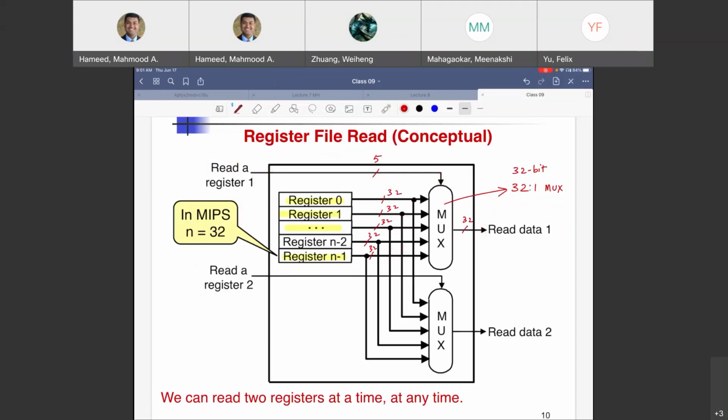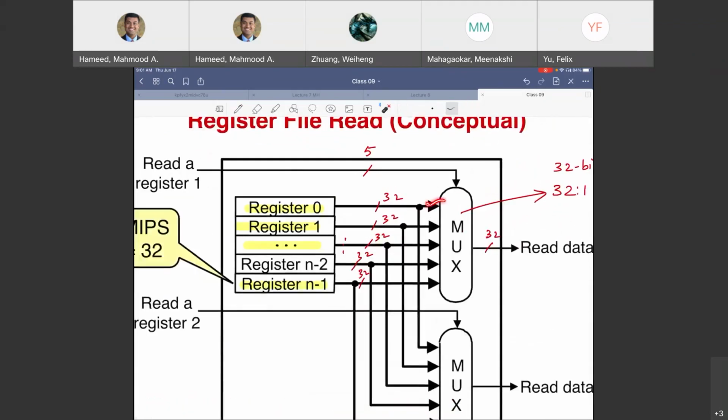There's a dot, dot, dot in the middle, so don't forget about that. In the past, some people have been confused about this being 5 and that being 5. This is not 5. This is 32. Don't forget these dots.